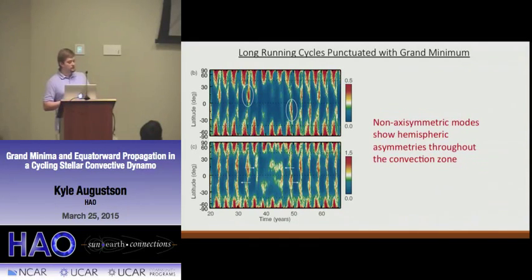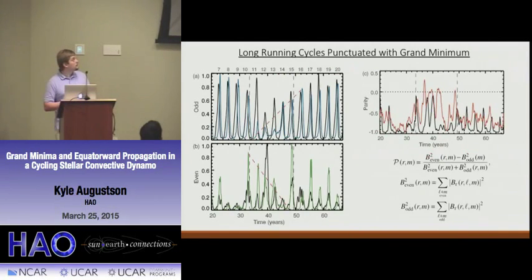Deeper in the convection zone, you have a similar feature wherein you have a hemispheric asymmetry, although it's not nearly as pronounced as it is near the top of the domain. Okay, so if we look at the axisymmetric modes, what's happening there? We can split the axisymmetric modes into two pieces, the odd and the even modes. So thinking here, you just put m equal to 0.